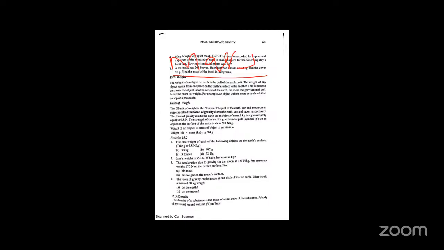So therefore, it's going to affect the weight of an object with a given mass. The same case, if you go to the moon, the gravitational pull will be different. So meaning that in every equation that will be given, the constant g, which is the gravitational force, will be provided depending on which place or which planet you are required to determine the body's weight or the object's weight.